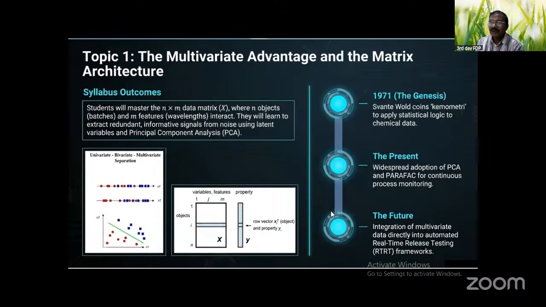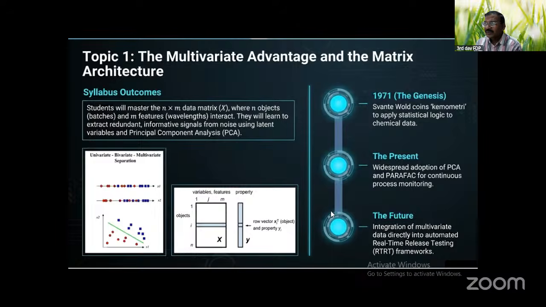Then coming to topic 1, the multivariate advantage and the matrix architecture. The syllabus outcome is that students will master the data matrix and learn to extract informative signals from noise using latent variables and principal component analysis.